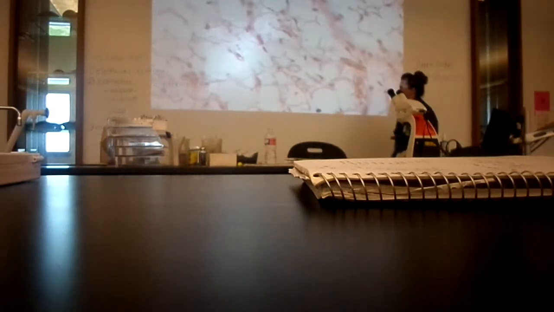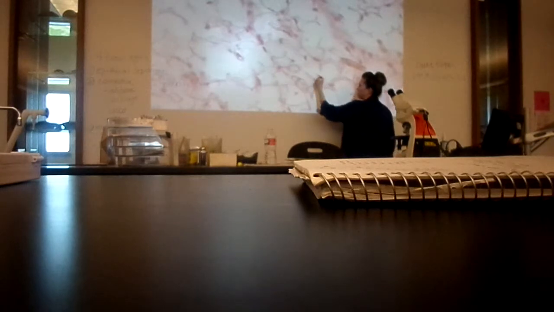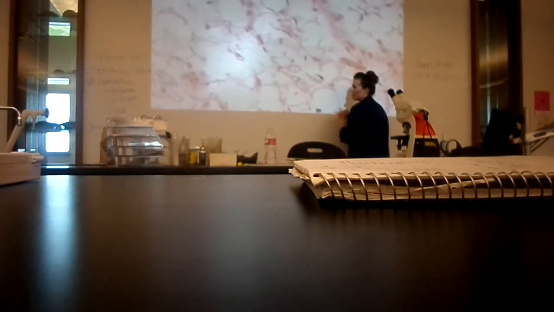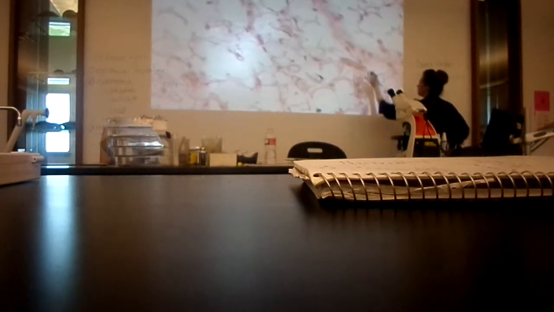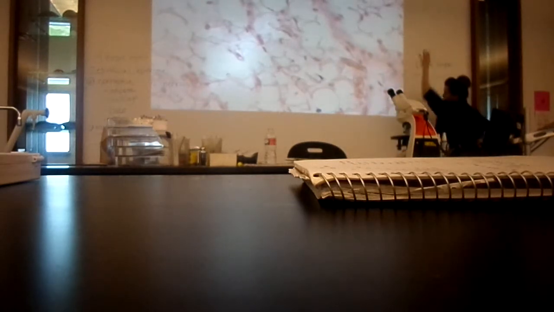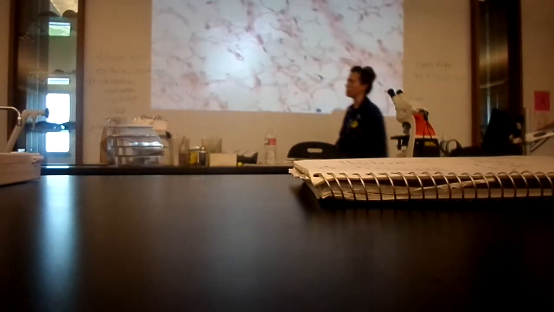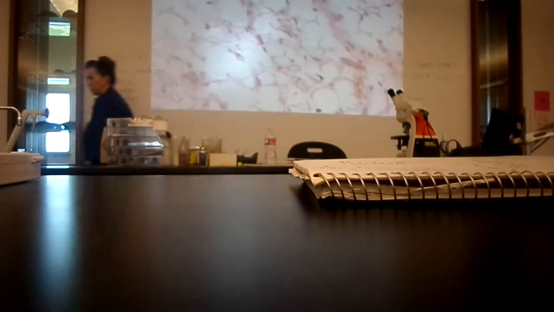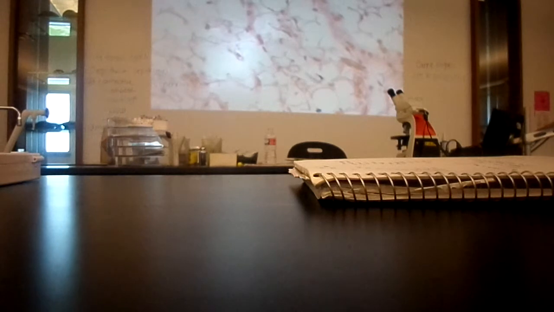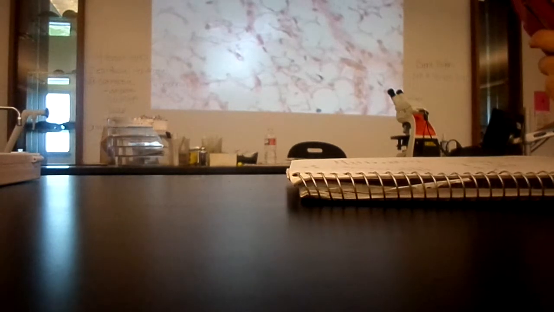All of these dark dots are the nuclei of these fat cells. This whole layer is adipose, which we group as a type of connective tissue. It's an insulating layer of our skin.